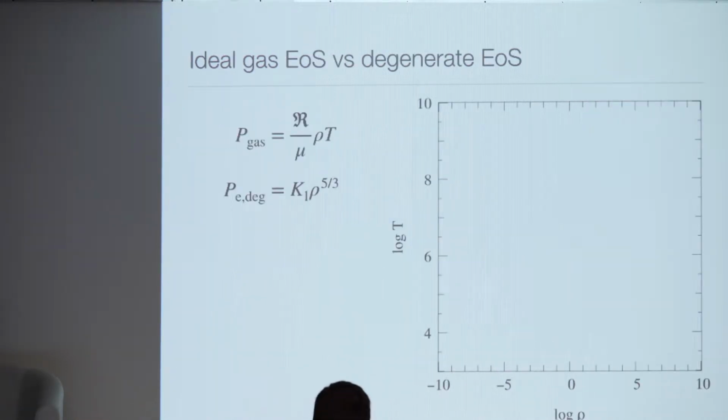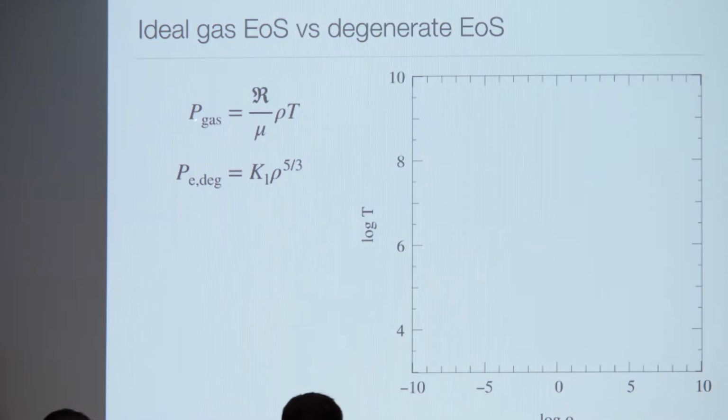Let's say we derive the equation of states for ideal gas and also the degenerate pressure. Let's think about where each pressure will be dominating in this plane.